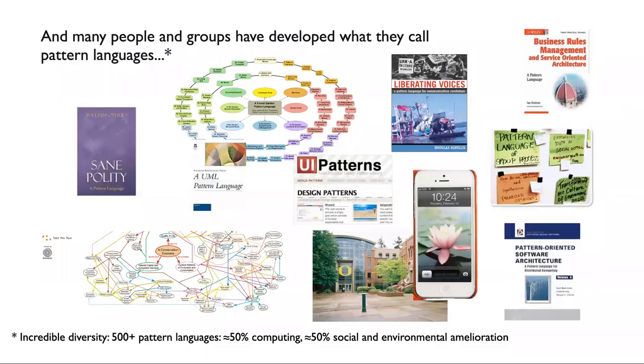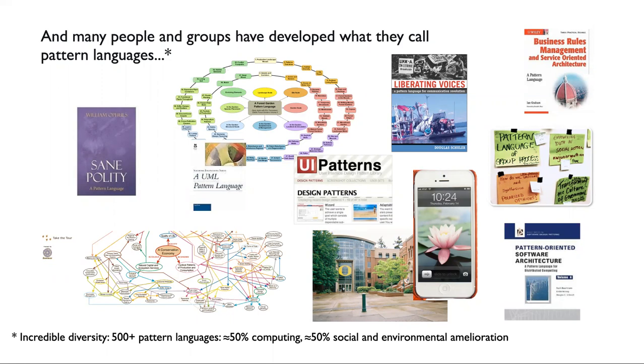And so after Alexander's book came lots of books, really taking hold in the computer interaction community, and maybe half of these languages that people have now developed are in that realm, sort of technological or socio-technological.